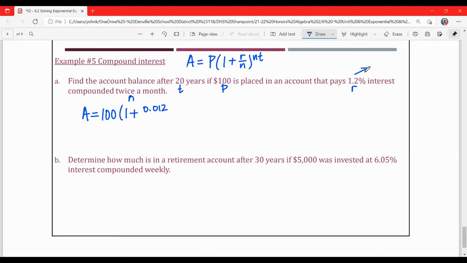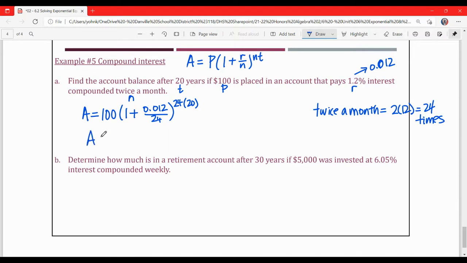Remember, you have to change that to a decimal by moving it 2 spots left. Over n, the number of times it's compounded a year. So twice a month means that we are compounding 2 times 12 or 24 times. So my n value is going to be 24. And my exponent is n, which is 24, times t, which is 20.